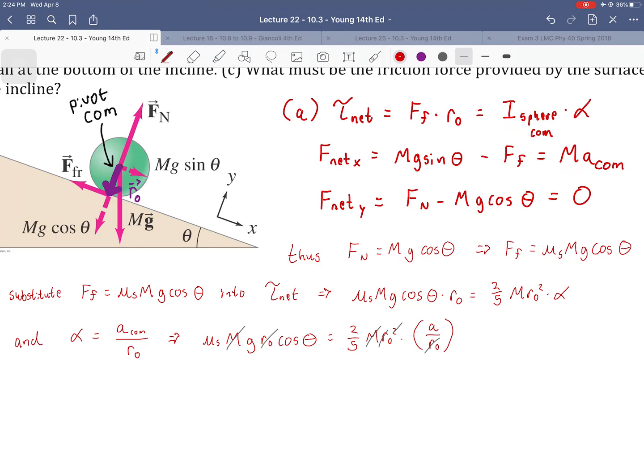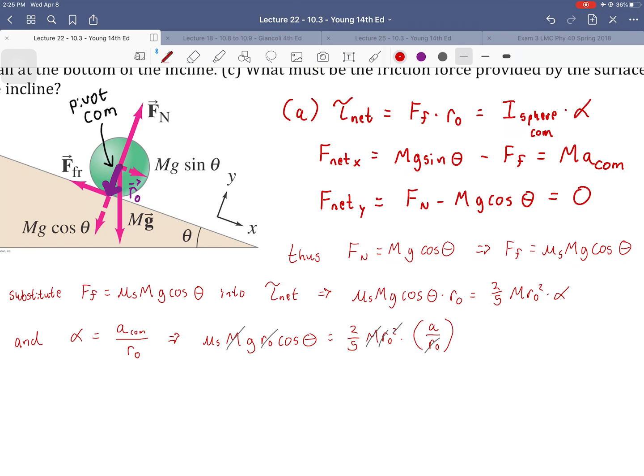So that means when I solve for my translational acceleration, primarily from using the torque equation, but again, it's up to you how you approach the algebra, I end up with a result that tells me that mu s M g cosine theta just equals 2/5 M a. So let's see, what's the best way I want to do this? I guess I just want to go ahead and solve for a.